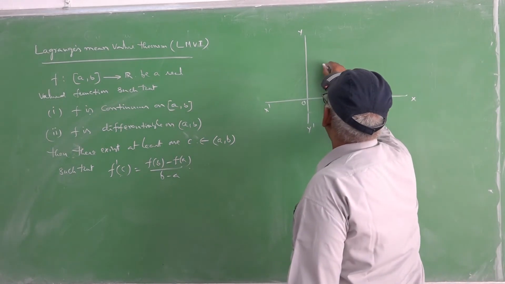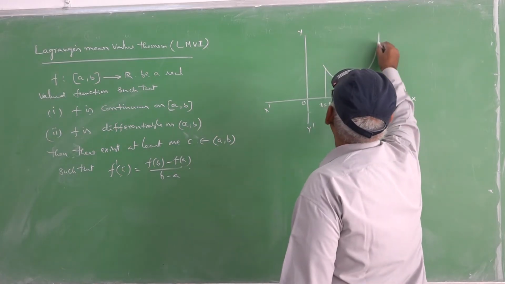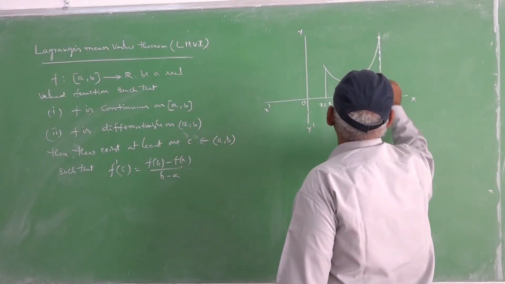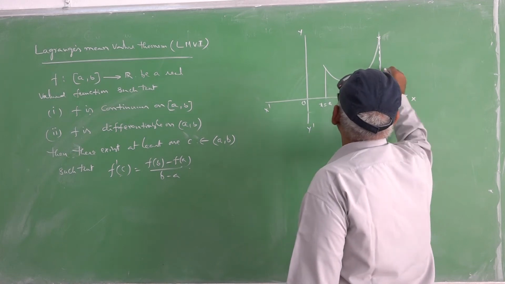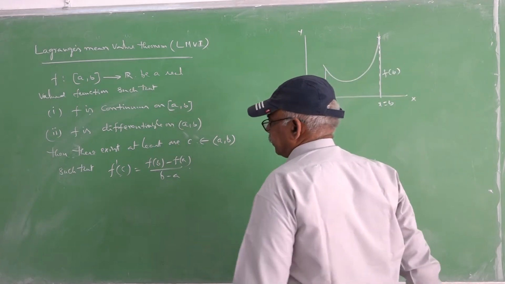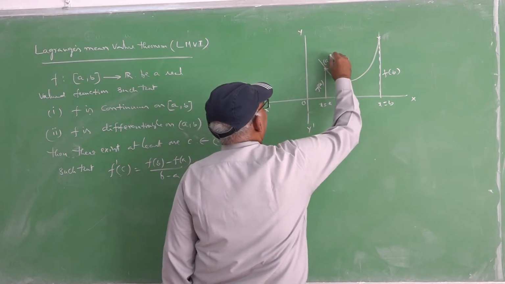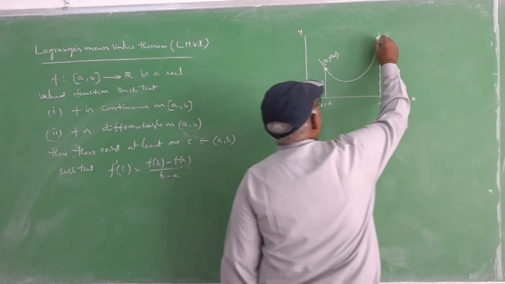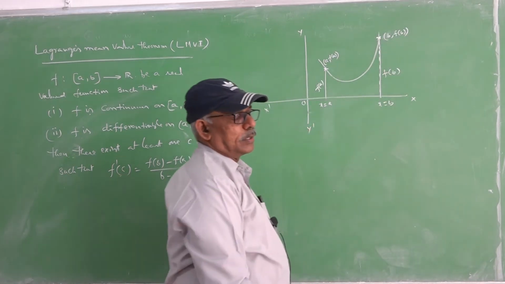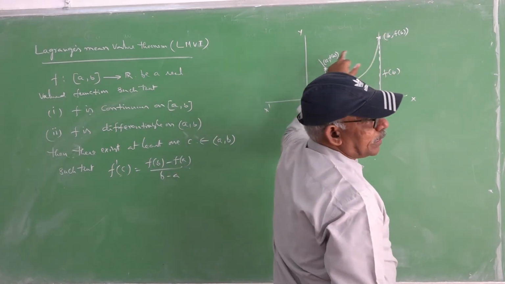That means once you take like this, let this be x equal to a and this be x equal to b. This is f of b, this is f of a. This is the point on the graph where (a, f(a)) lies, and this is the point on the graph (b, f(b)).